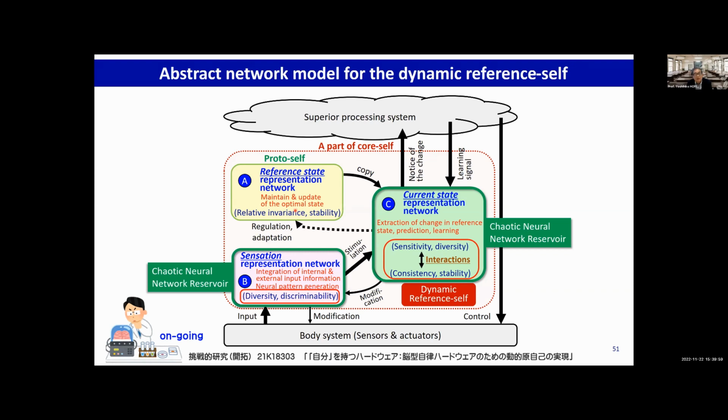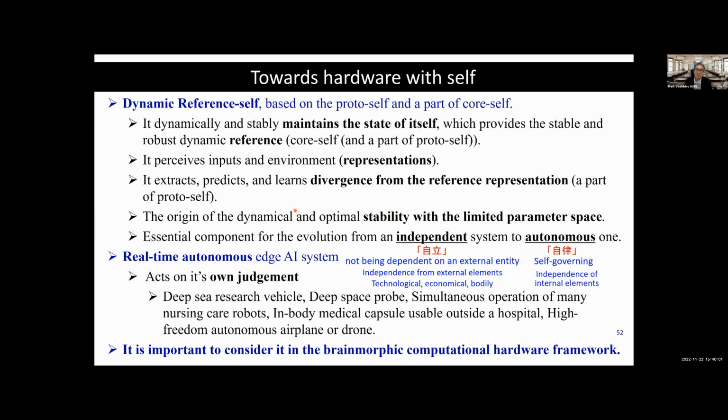Okay, so let me summarize for the hardware itself. Those lines are listed for the dynamic inference self. What is the dynamic self? I already explained. One important thing is that the dynamic inference self is an essential component for the evolution from an independent system to an autonomous system.